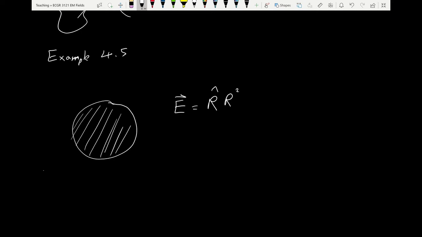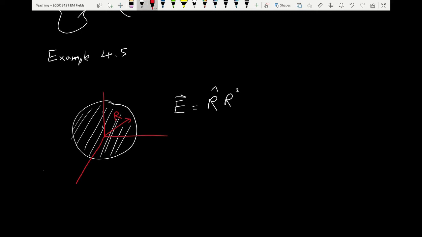The assumption here is that we are using spherical coordinates, at distance r, and the center of the cloud is the origin of the spherical coordinate system.